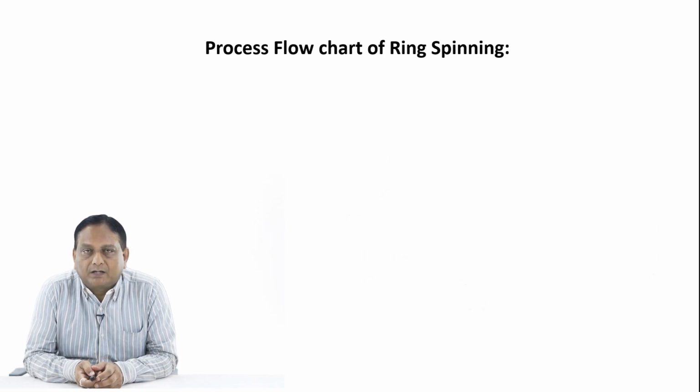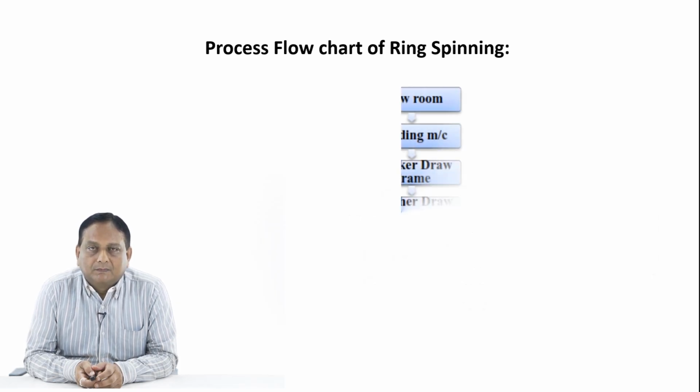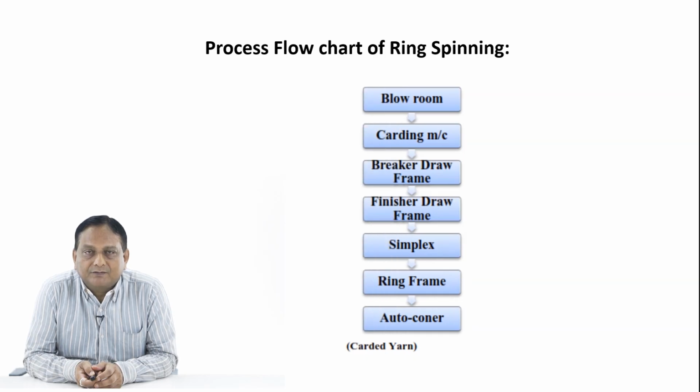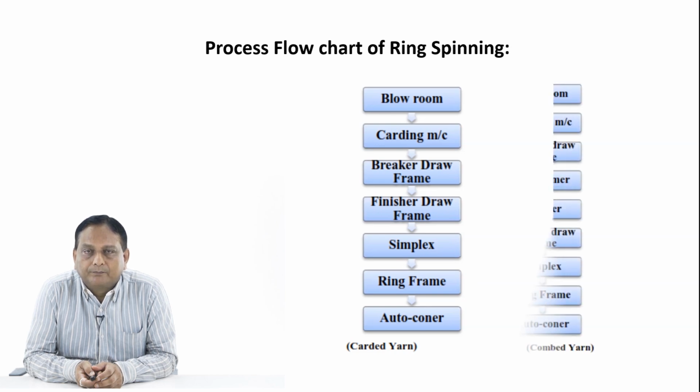Now the process flowchart. If you try to compare with ring spinning, as we can see, there are two types of flowchart available. One is the carded yarn: blow room, carding, breaker draw frame, finisher draw frame, simplex, ring frame and autoconer.